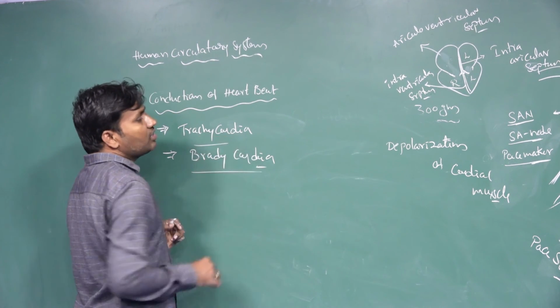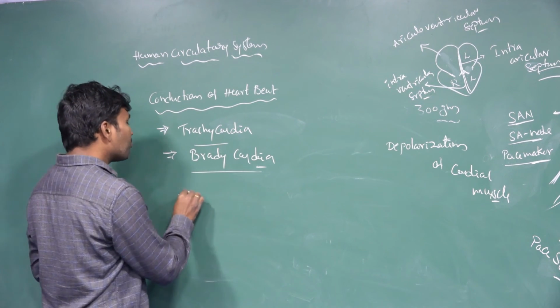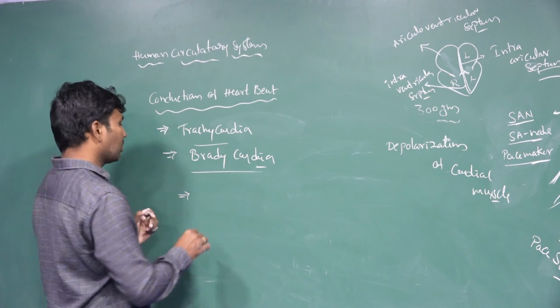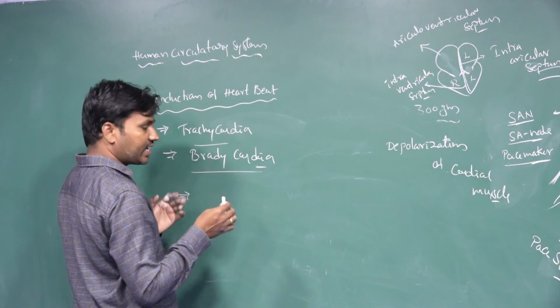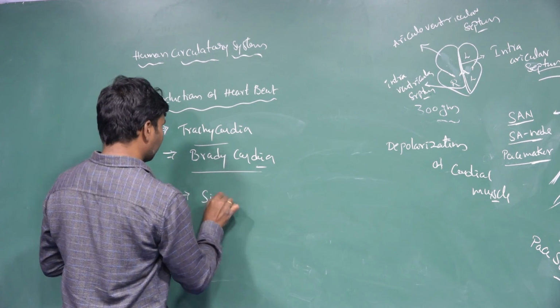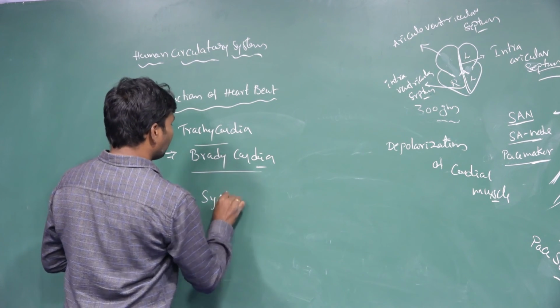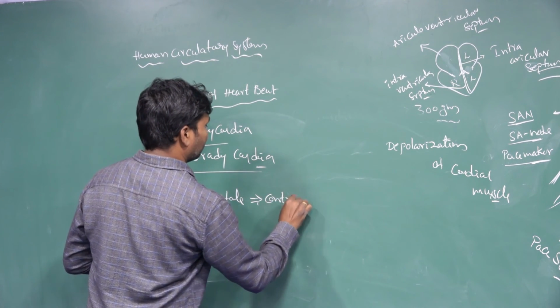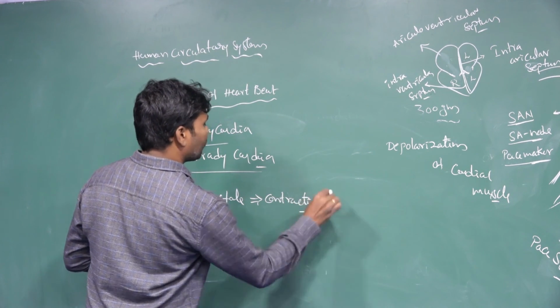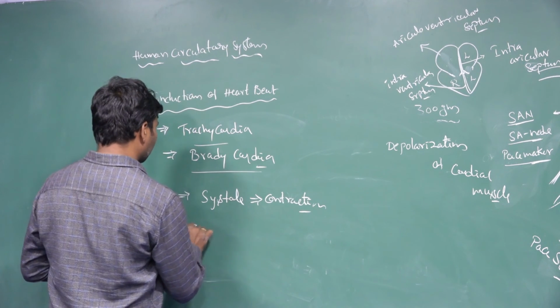When the heart is beating, a certain pressure is formed. These two processes, contraction and relaxation, are called systole and diastole. Systole is contraction and forms a certain pressure.